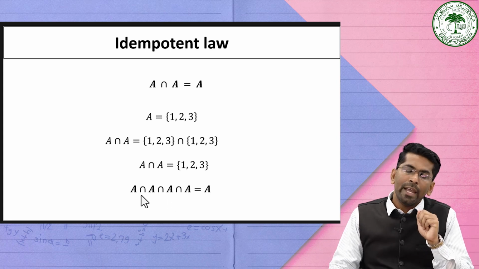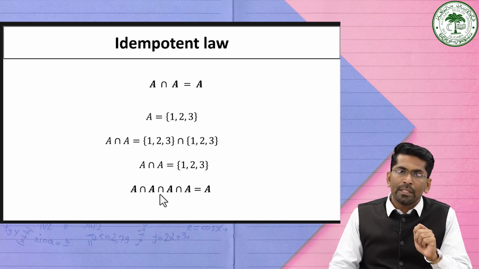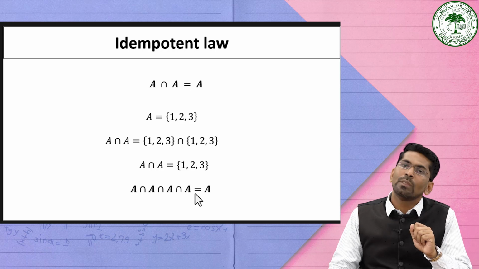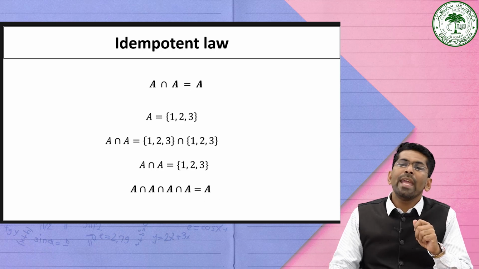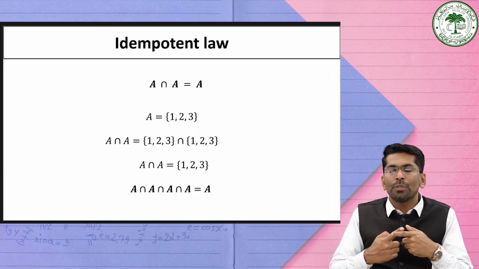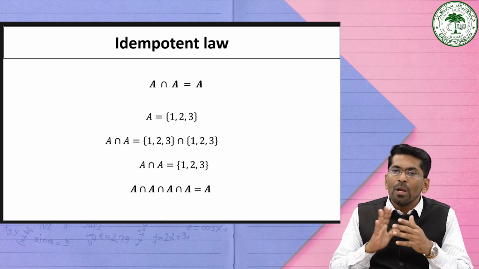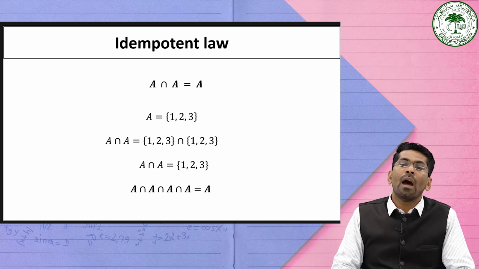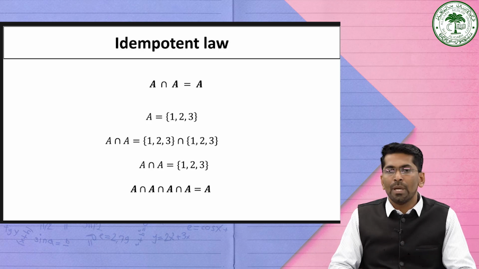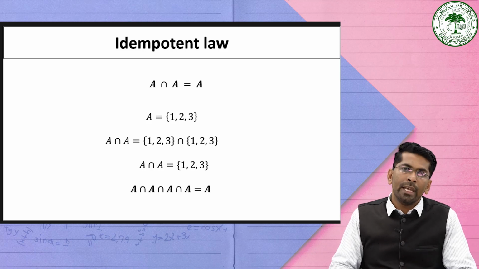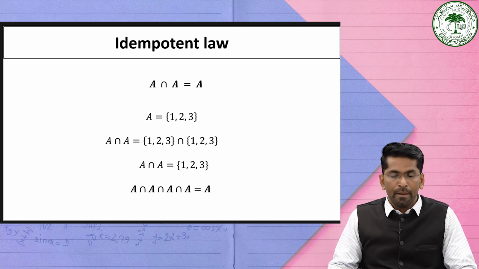That means A intersection A intersection A intersection A is also equal to set A, because applying it multiple times to the same set does not produce any different outcome beyond the first application.